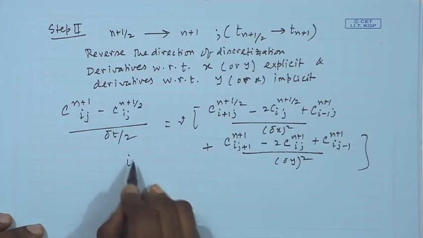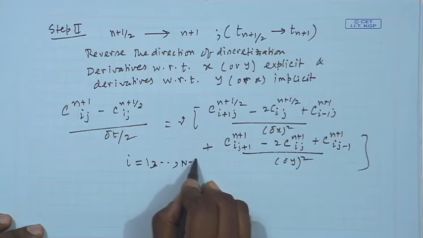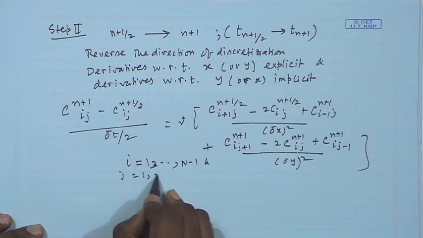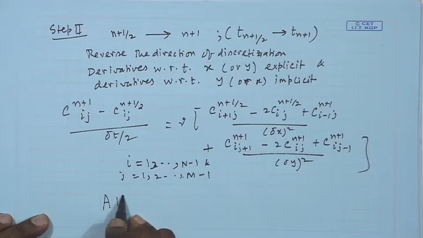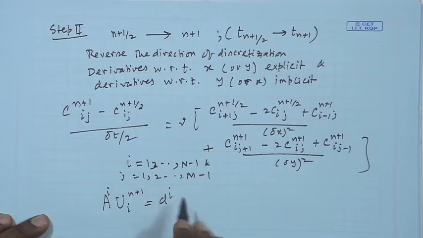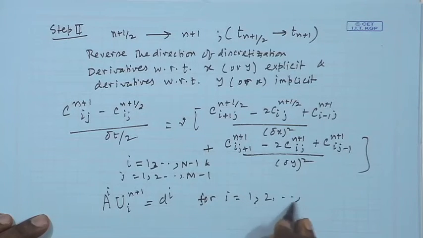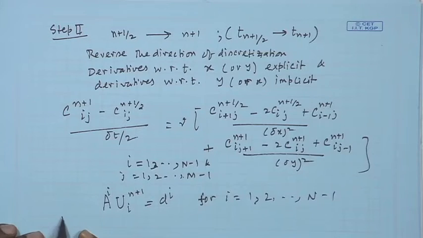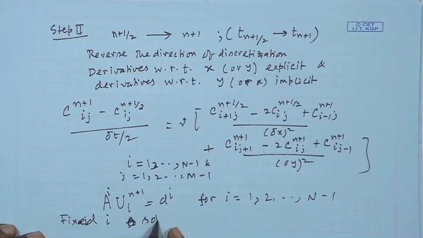So, for i from 1 to n minus 1 and j equal to 1 to m minus 1, every step we get a system A u^{n+1} equal to T_i, for i equal to 1 to n minus 1. So, what I do here is fix i and solve for all j.